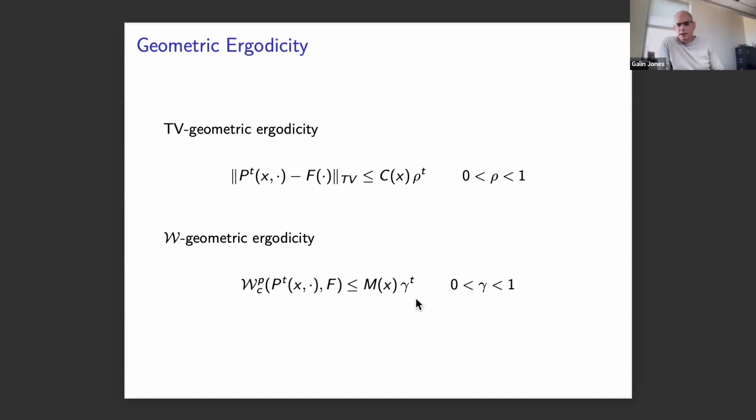So in Metropolis-Hastings settings, there's been a fair amount of work establishing the existence of total variation geometric ergodicity, meaning they've established the existence of rho and c. There's been almost no work on constraining the values of rho and c outside of some not toy settings, but very standard algorithms like the Metropolis-Hastings independent sampler and some things like this.